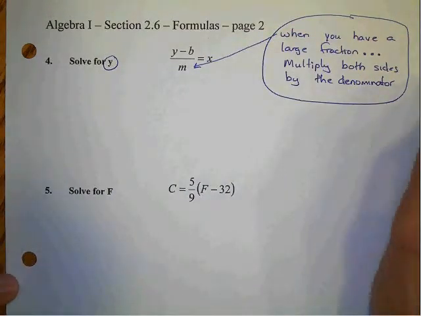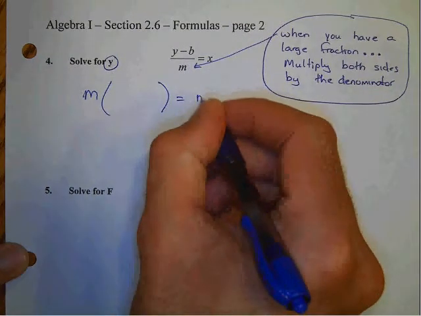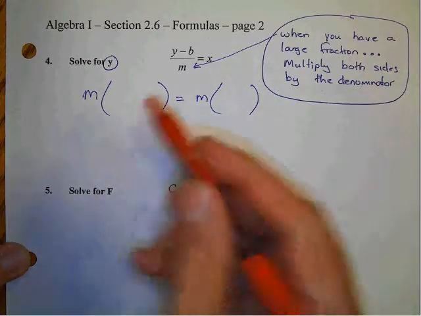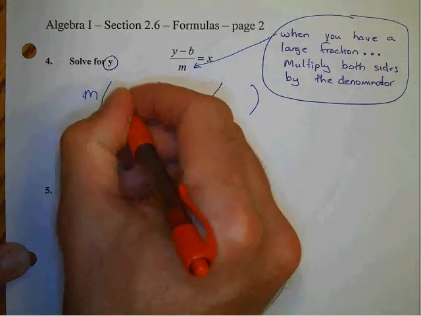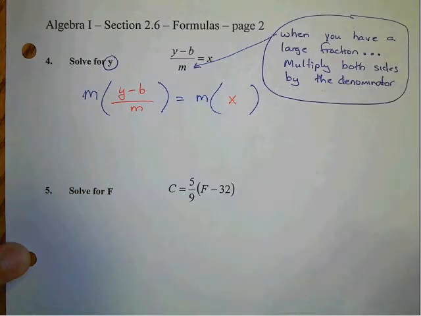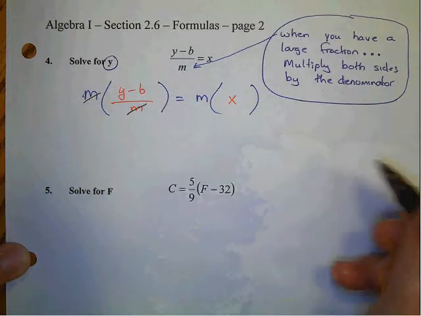So, what I'm going to do is I'm going to multiply both sides by m. Now once again, I've written an m on the outside with parentheses, and now I'm going to recopy the interior of the original problem down and then go from there. As I look at my problem, the purpose of multiplying that was to eliminate those m's.